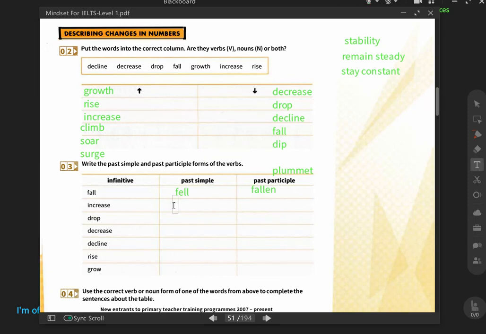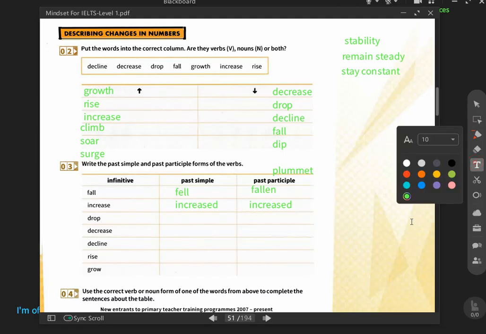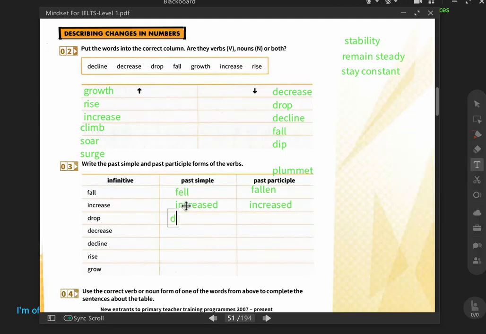Increase, increased, of course, and drop, dropped. Very good. Dropped.